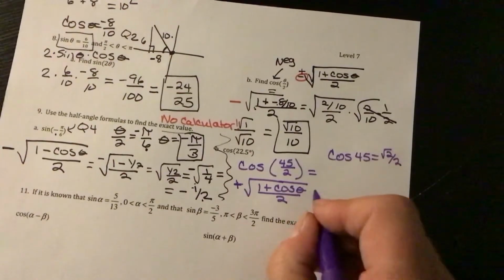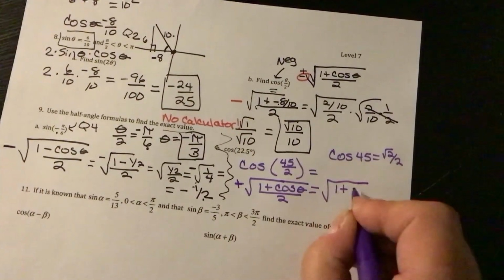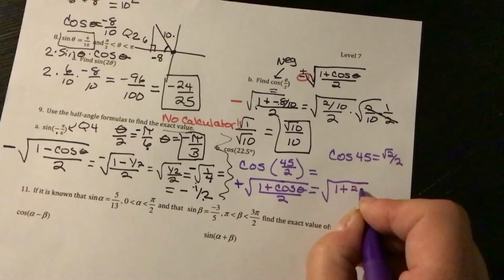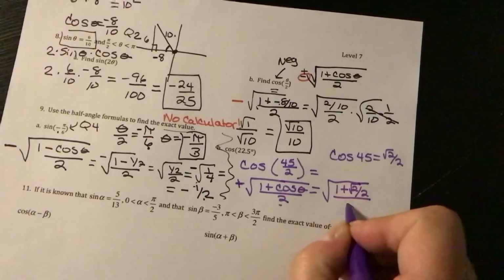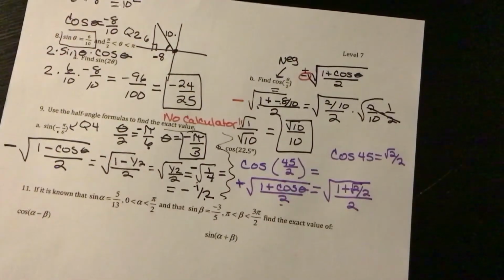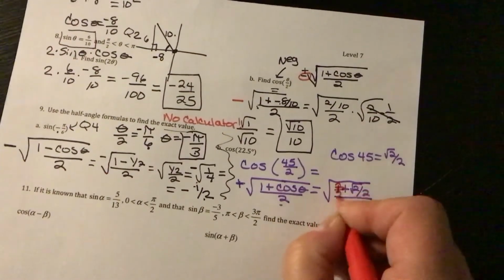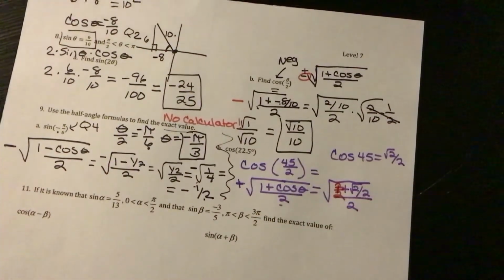So I'm going to put that in my formula, and I have 1 plus square root of 2 over 2, all divided by 2. Here I'm going to make my 1 into 2 over 2, so I have a common denominator.